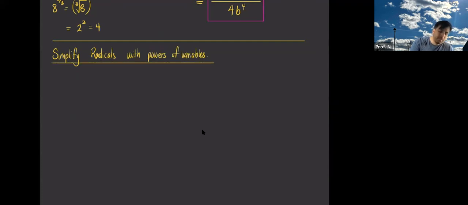This is where things can get a bit tricky. So hopefully up to this point, it's okay. For example, if I take the 5th root of 243 x to the 5th y to the 15th, let's say I want to simplify this.